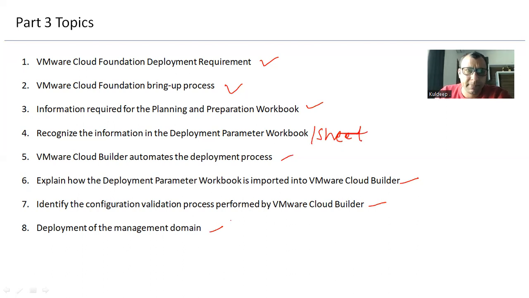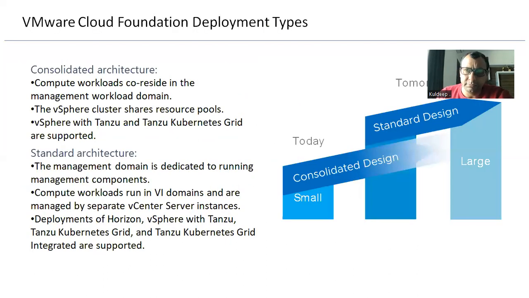how we'll actually deploy the management domain. All right, as we discussed in previous videos as well, there are two types of architecture, two ways where we can deploy the VCF setup. One is consolidated architecture, another is standard architecture.